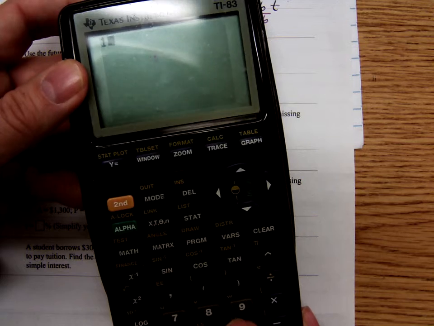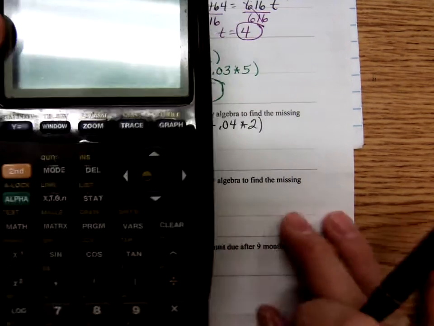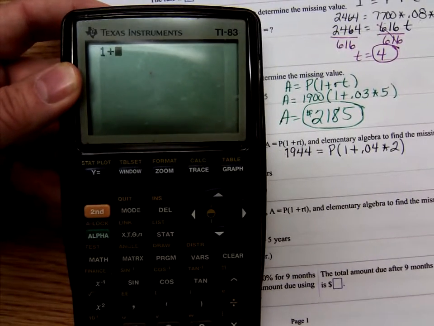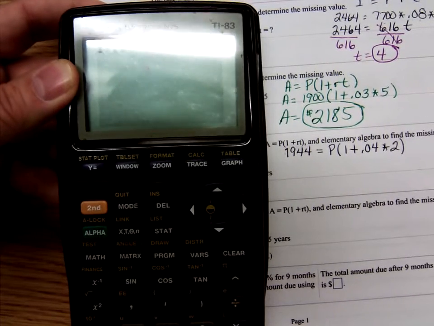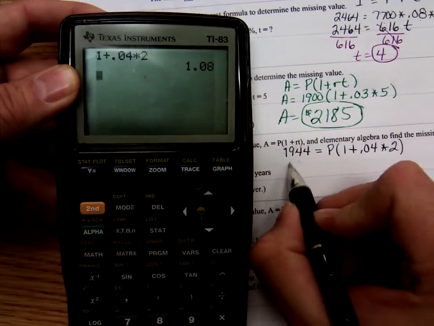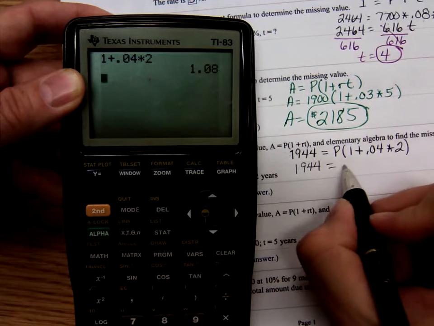I'm punching in the stuff in the parentheses. 1 plus 0.04 times 2. 1 plus 0.04 times 2. So that would give us a 1.08.